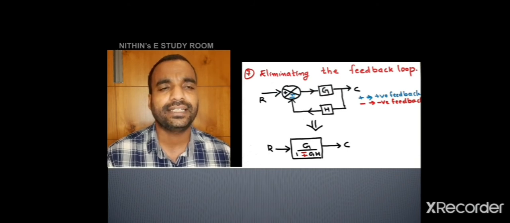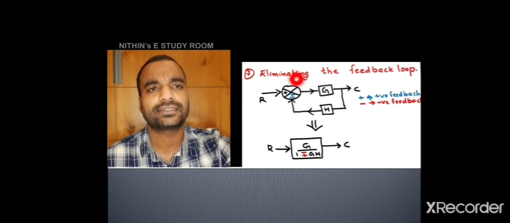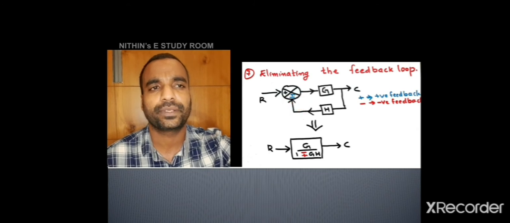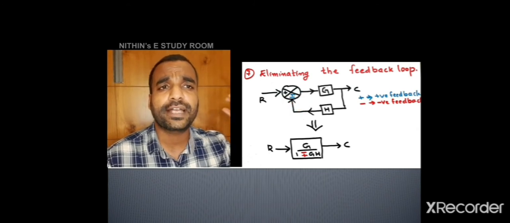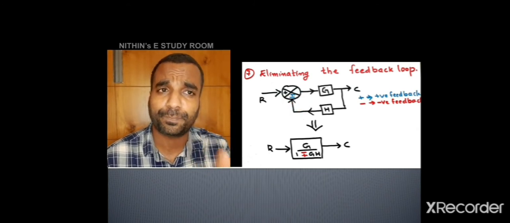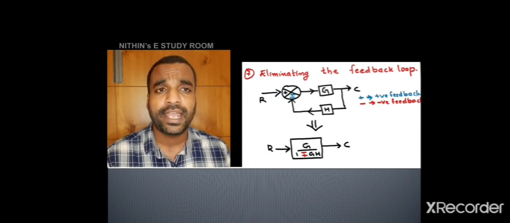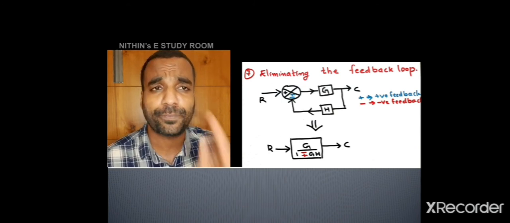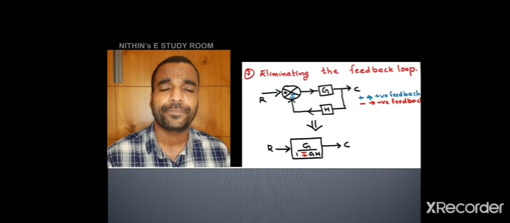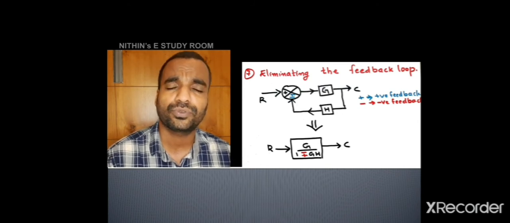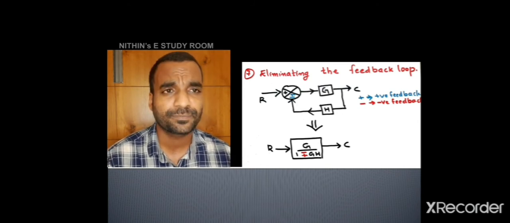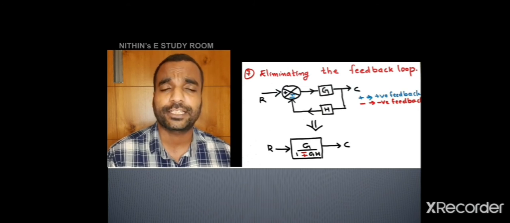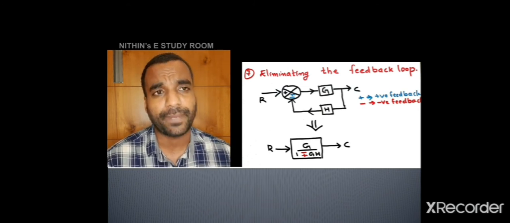And here you can see I have drawn plus or minus in blue color inside the block, because if you are giving that feedback to plus, it is positive feedback, and if you are giving that feedback to minus, it is negative feedback. In the second class, I told you there are two types of feedback, positive feedback and negative feedback.